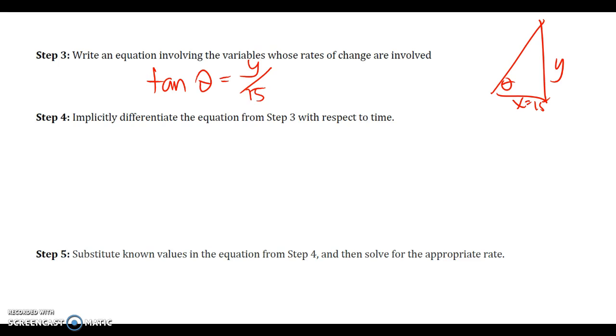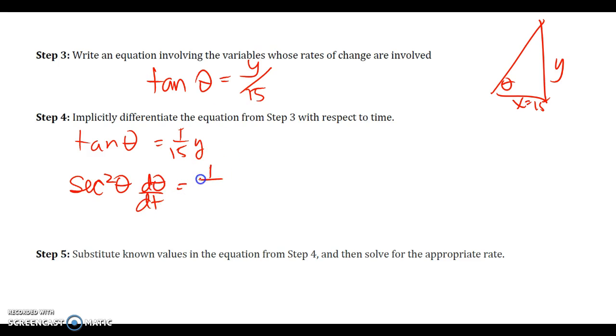Okay, let's implicitly differentiate it with respect to time. I changed this to 1/15 y. So the derivative of tangent is secant squared theta d theta/dt equals 1/15 dy/dt. Okay.